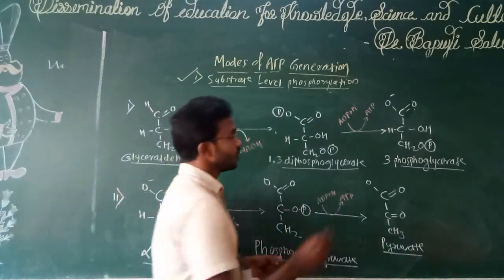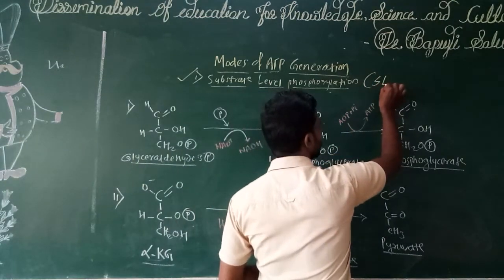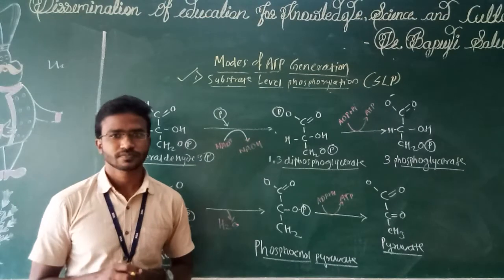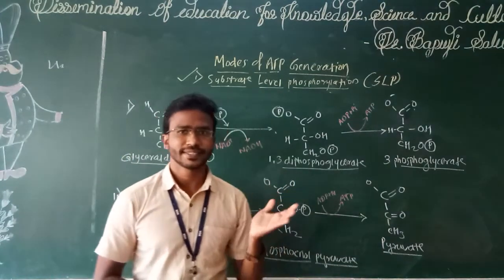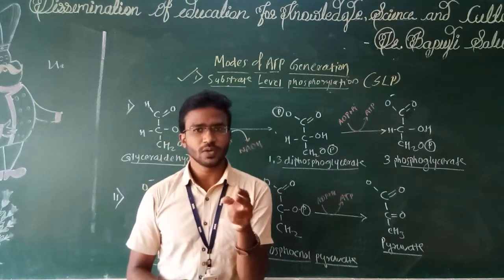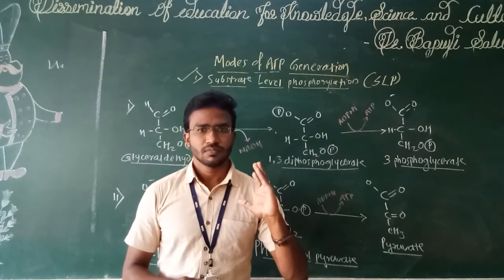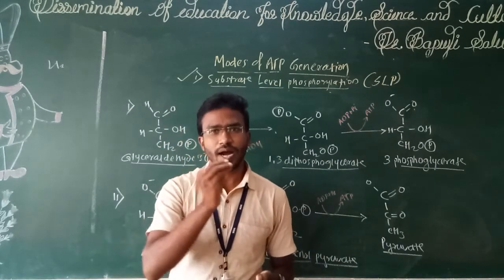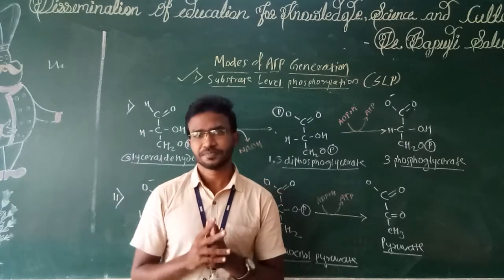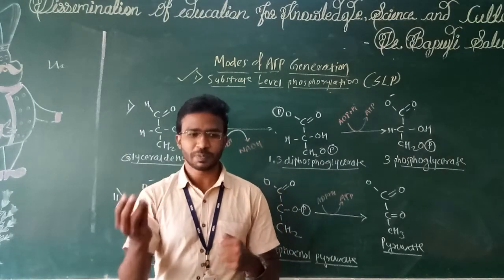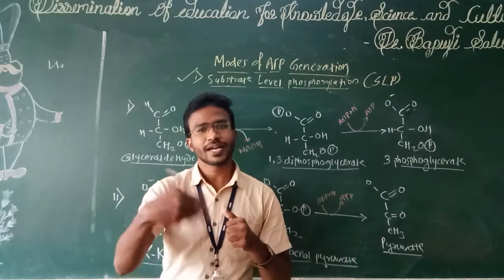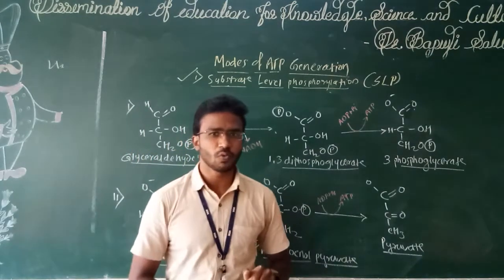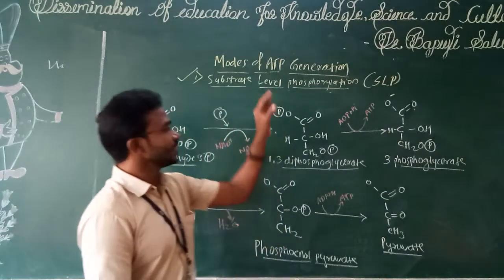In short, it is also known as SLP. What is SLP? A substrate molecule is catabolized, broken down, and during catabolism high energy phosphate is released. That high energy phosphate is added to ADP, and that forms ATP.